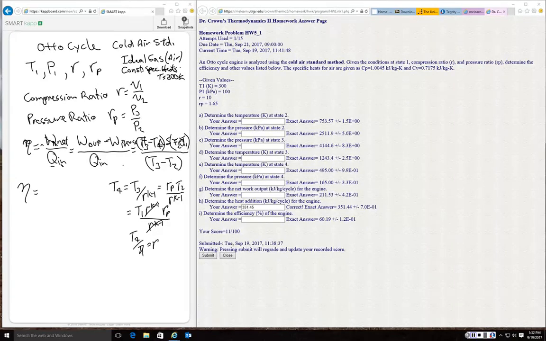So if we start to replace some of these terms, T3, which is Rp times T2, let's write that one out too.